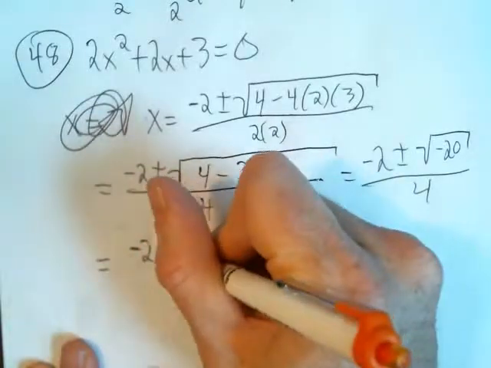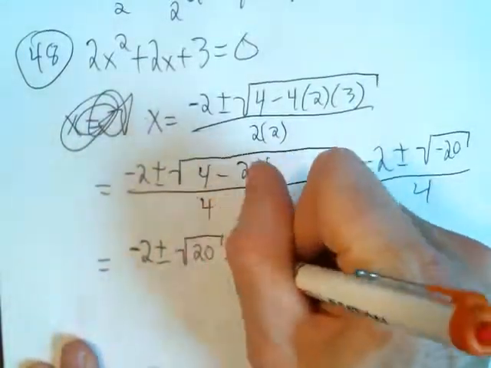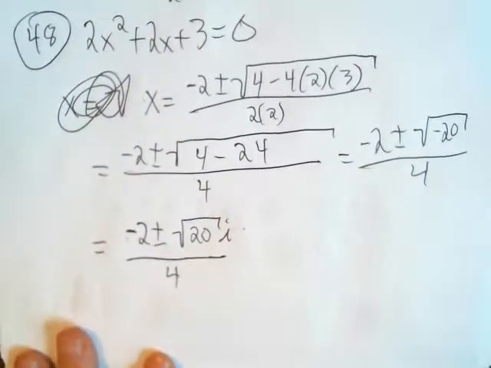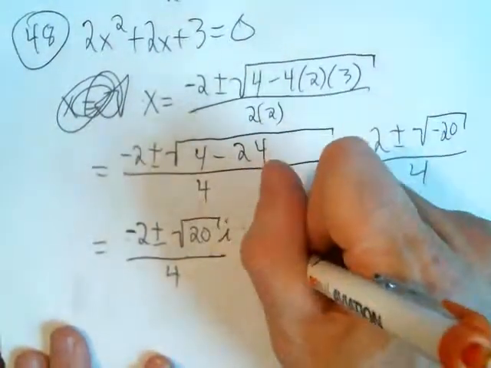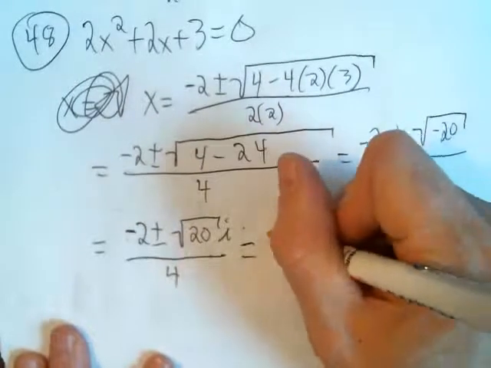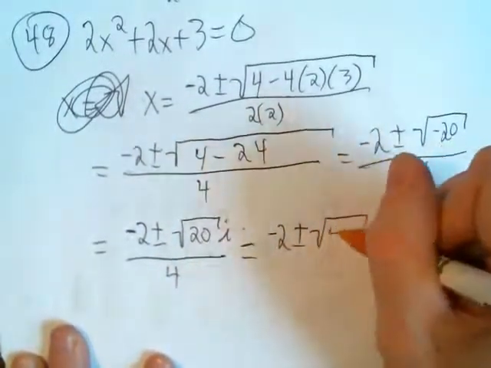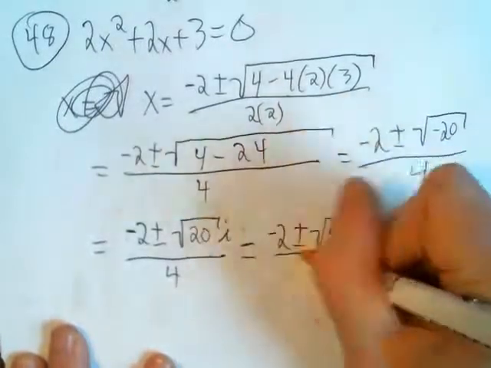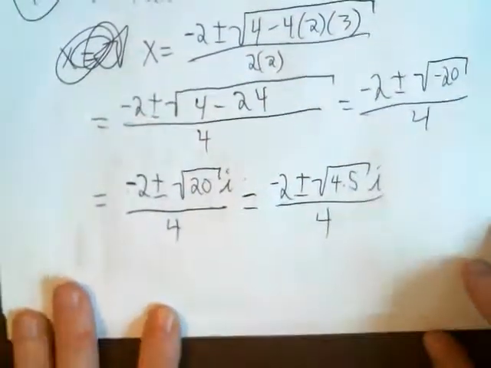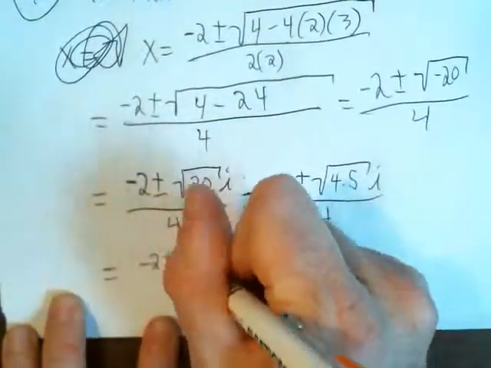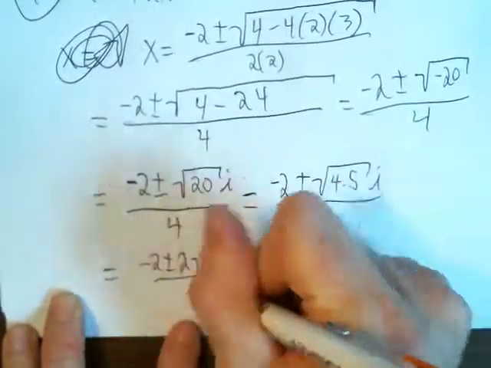Negative 2 plus or minus square root of 20i, all over 4. And then we'll go ahead and pull out the perfect squares, right? So we got 4 times 5i all over 4. That'll be negative 2 plus or minus 2 radical 5 all over 4.